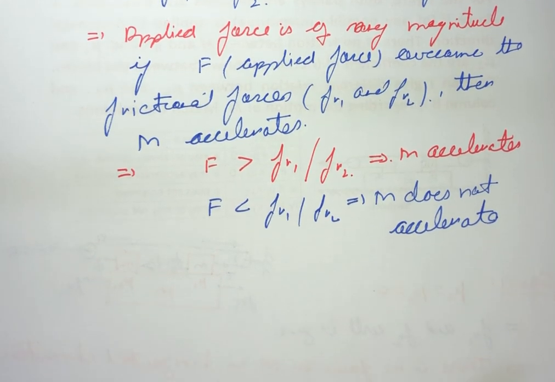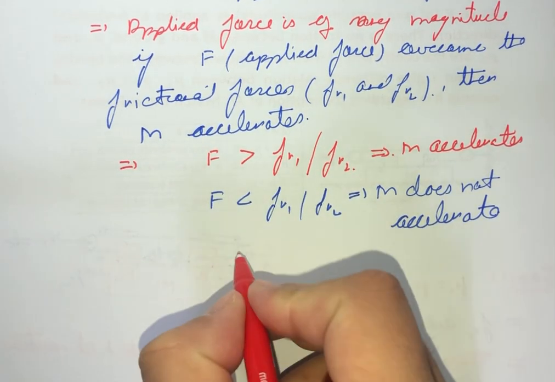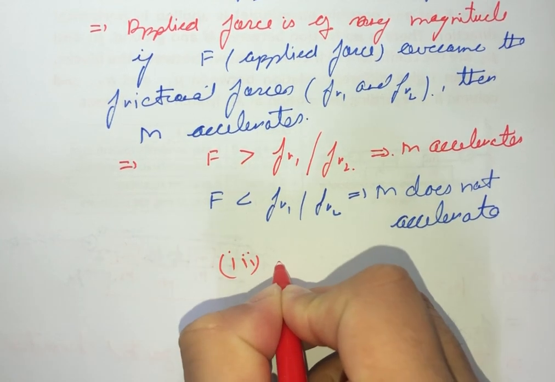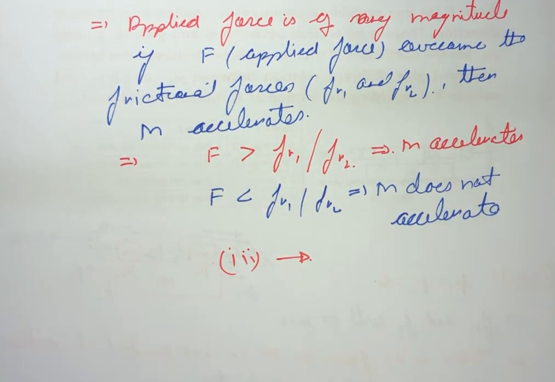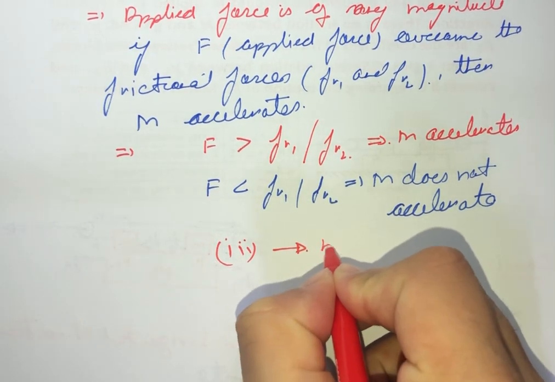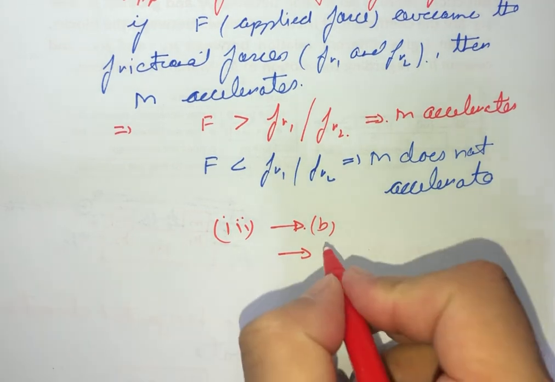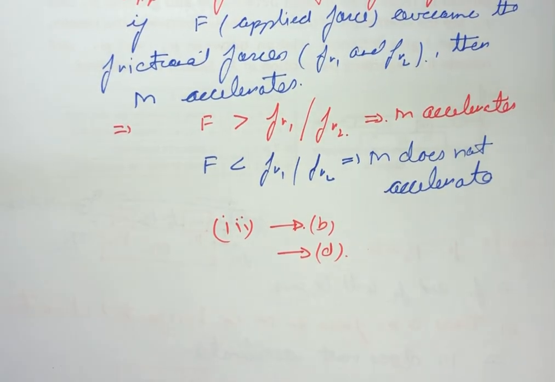So for case 3 there are two options. One states that it accelerates, which is option B, and the other states it does not accelerate, which is option D.